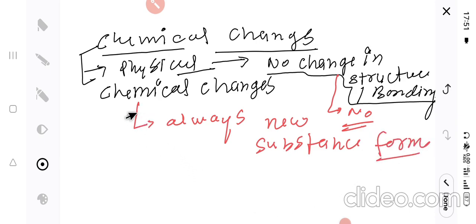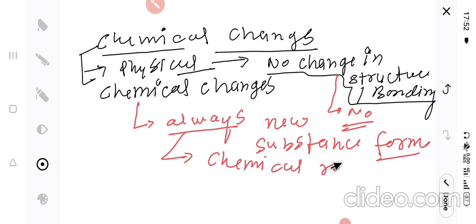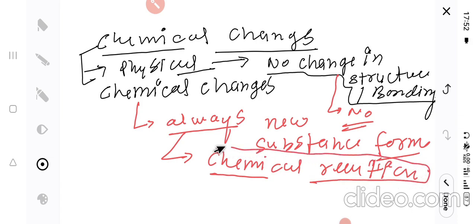So in chemical changes, a process occurs that is called a chemical reaction. A chemical reaction is nothing but a chemical change in which the old or initial substance forms a new substance.